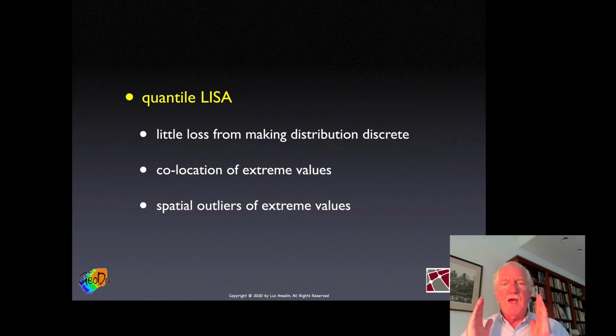It says extremes. How are these extremes co-located and also surrounded by other co-located extremes? Or opposites. What are the extreme opposites? There's not that much loss of information, as we saw in the one case in comparing to the results of Moran and Geary's C. But I personally find it a very effective way if you're interested in the extremes of the distribution.